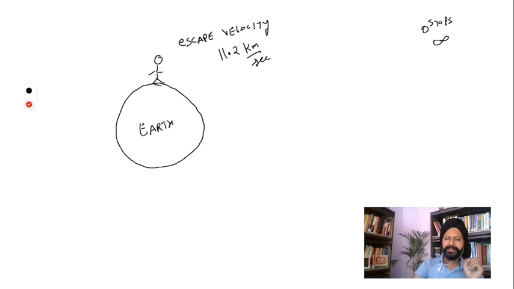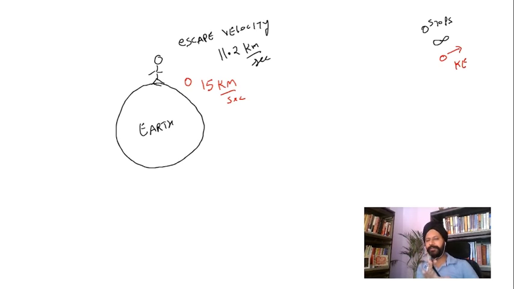But what if I give another ball maybe 15 kilometers per second? I'm giving it more than required. So it will use the kinetic energy equivalent of 11.2 kilometers per second to reach infinity, but then it has some energy left, which is kinetic energy. So the first ball, which received 11.2 kilometers per second worth of energy, is going to stop there.